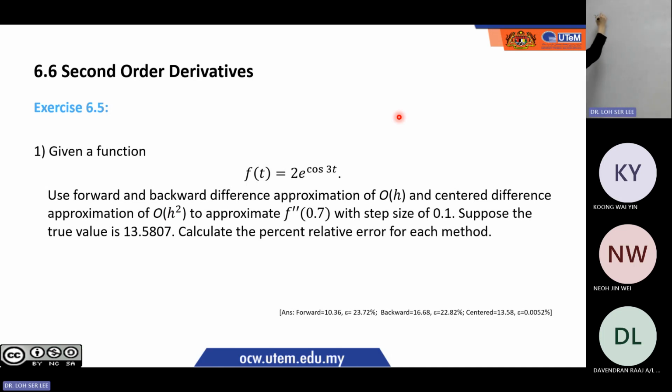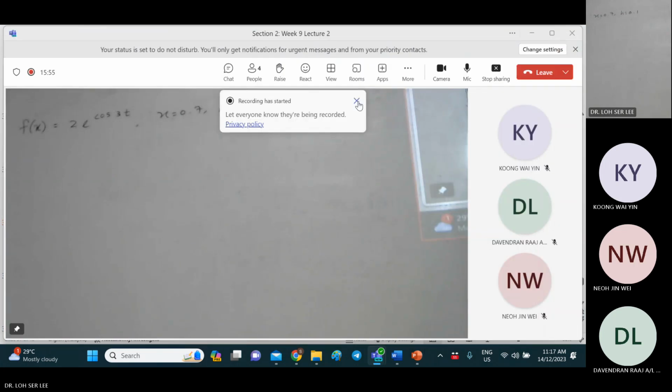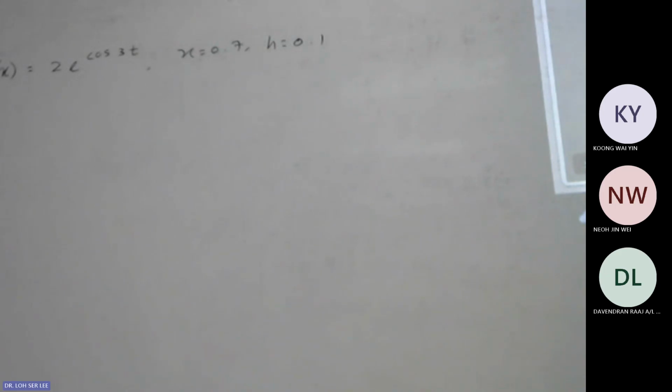X is 0.7, h is 0.1. And we need the first 3 formulas. How many points do you need? 5.